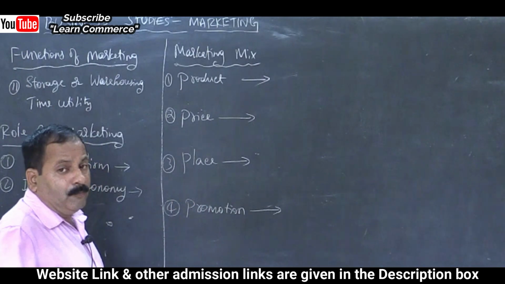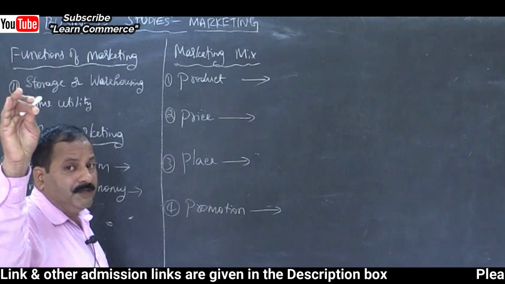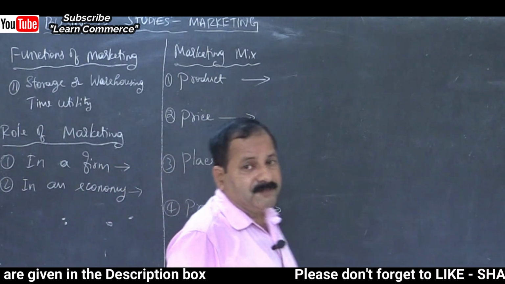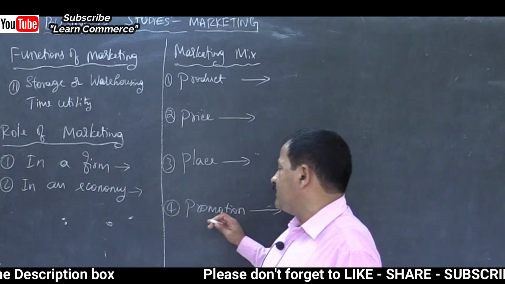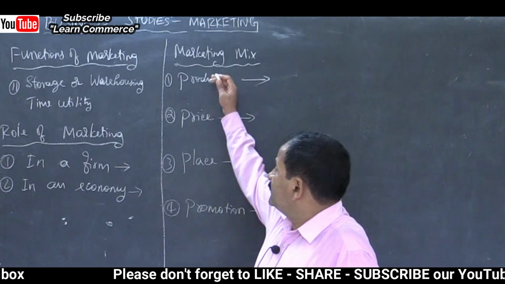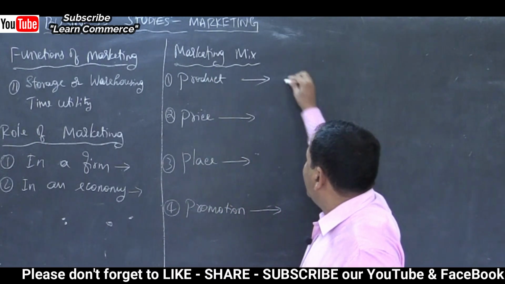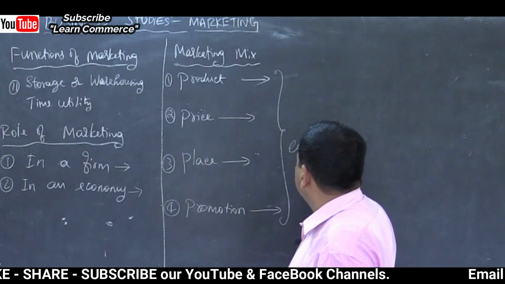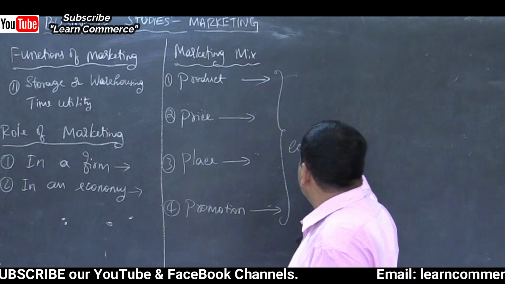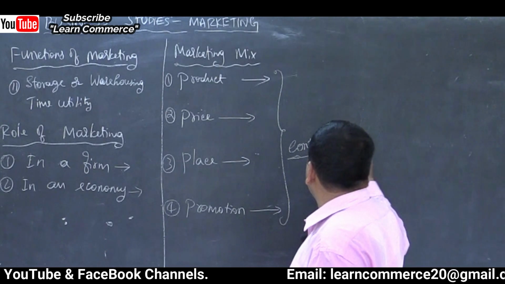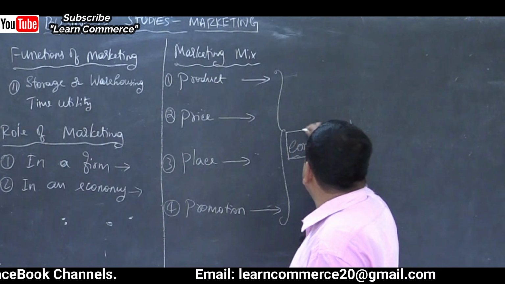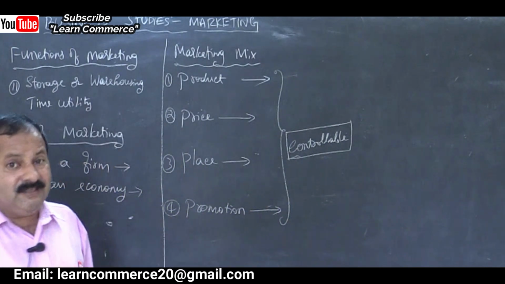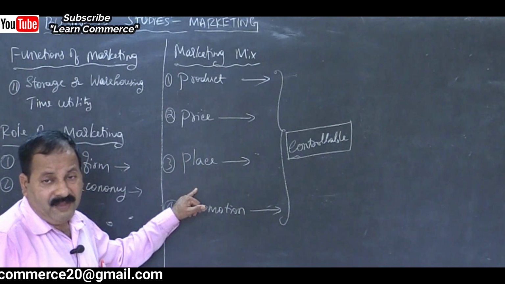Promotion, which promotional tool should be used to increase the demand for the product, is also in the hands of the manufacturer. So all these 4 elements are called controllable variables, and the marketer has control over these elements, so he can make changes in them and achieve the target market.